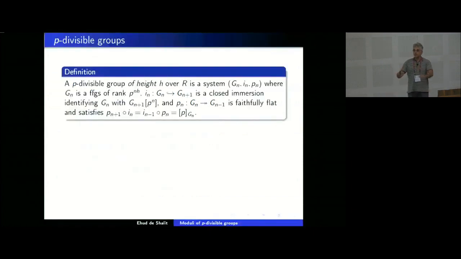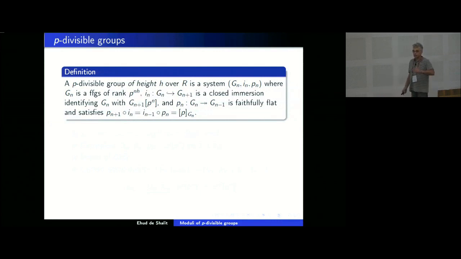So much for finite flat group schemes, and now we come to p-divisible groups. A p-divisible group, and I adopt Tate's definition, there are various definitions, of height h over our ground ring R, is a system G_n, i_n, and p_n, where G_n is a finite flat group scheme of rank p^(nh). i_n is a closed immersion of G_n in G_(n+1), identifying G_n with the p^n torsion of G_(n+1). And p_n is multiplication by p, but so to speak, you go from G_n to G_(n-1).